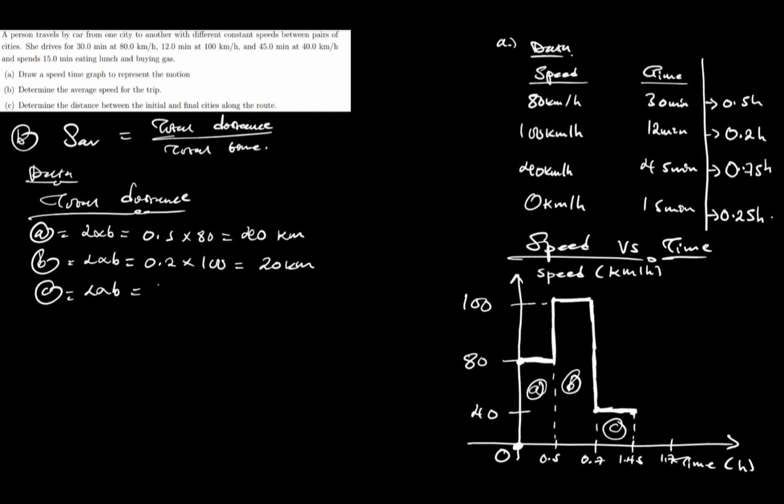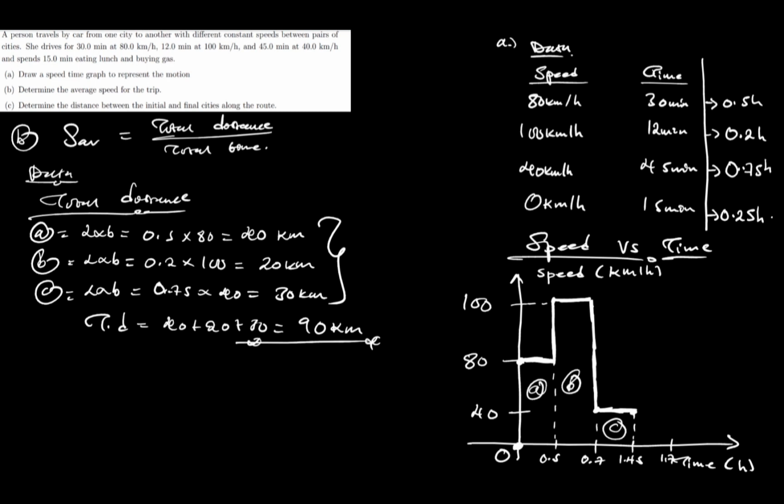You do 0.75 times 40, which will basically give you about 30 kilometers. So these were the distances. Now to get your total distance, let me just say TD, you really just have to add up all these: 40 plus 20 plus 30, which basically gives you 90 kilometers as your total distance.